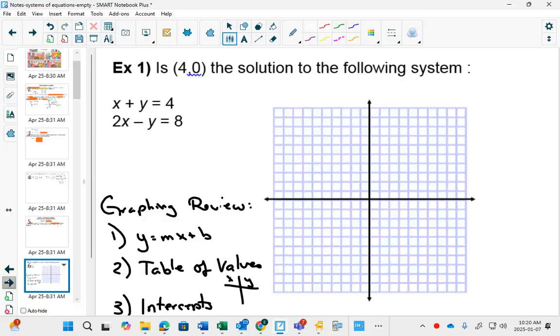So, I'm going to color code this. I'm going to make this one in blue, and I'm going to get the y by itself by moving x over. And I'm going to do this one in green, and I'm going to get the y by itself by moving the y to this side and the 8 to this side. Can you do that all at once in mental math?